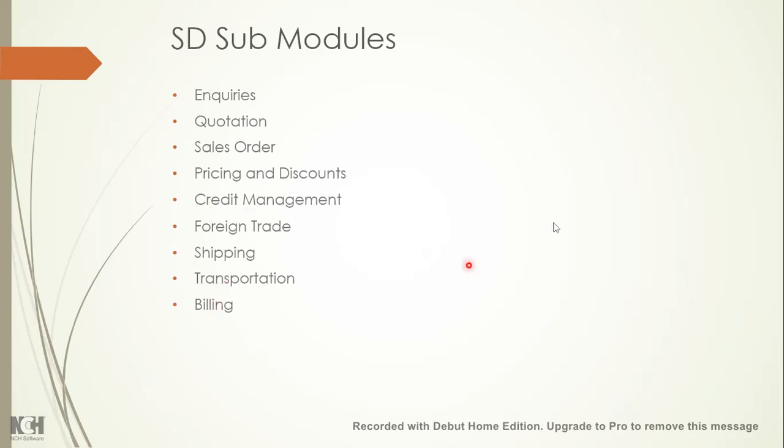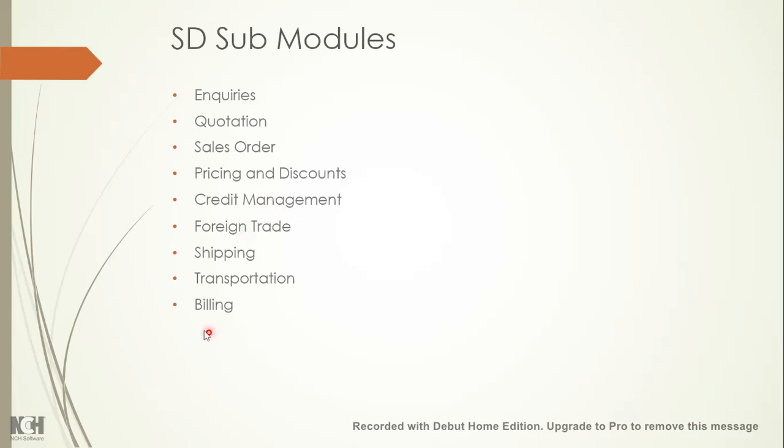So SD overall, as you can see, involves lots of different departments. For example, credit management is handled by the finance department in touch with, I think, the marketing department.